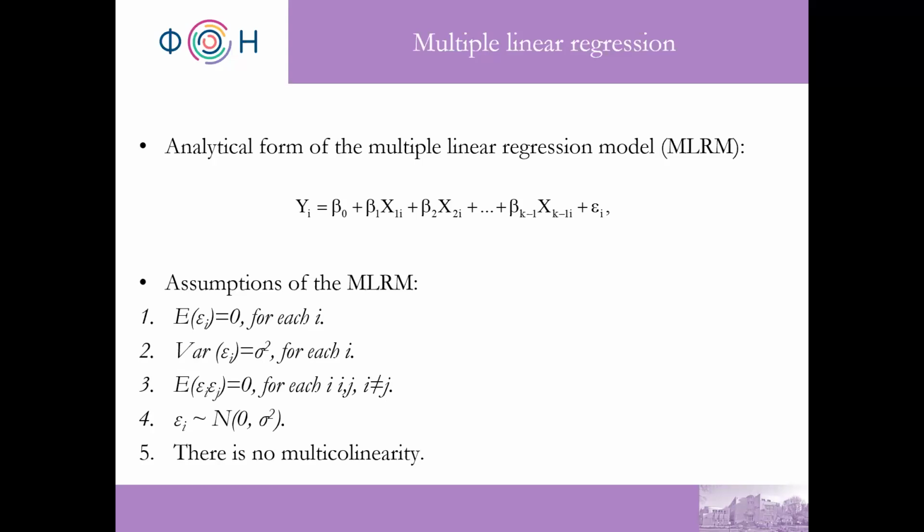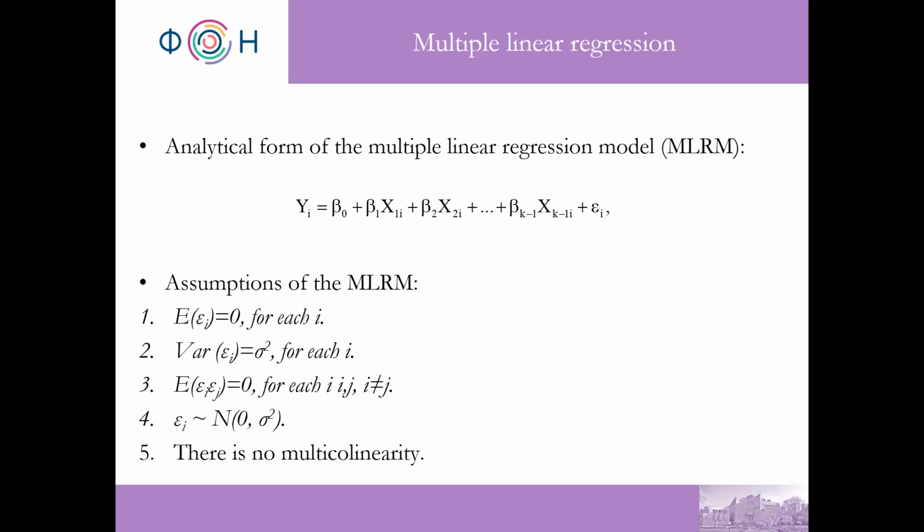So the particular problem which can occur in a SEM model is the problem of multicollinearity. As you can see, our assumption here is that there is no multicollinearity among our data.